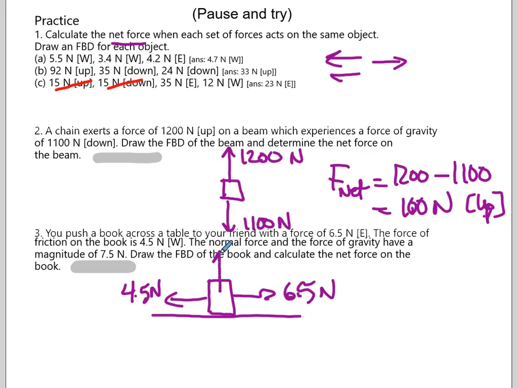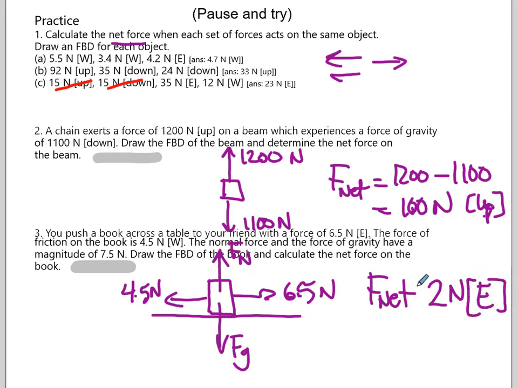We already know the normal force and the gravitational force are going to balance because it stays on the table. If those are out of balance, the book would be leaping off the table or falling through it. So the net force on this object should be 2 newtons to the right, or in this case to the east. And that would be our answer.